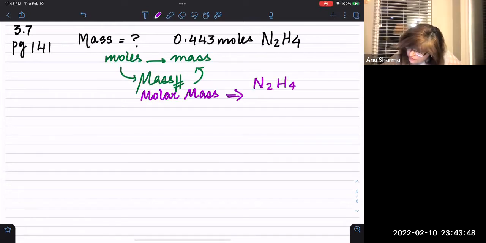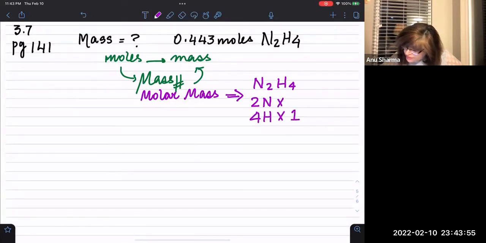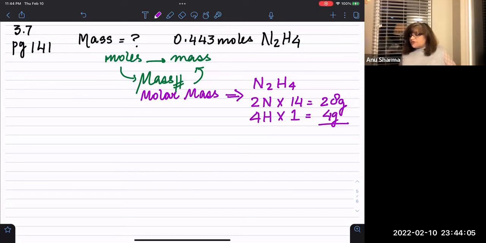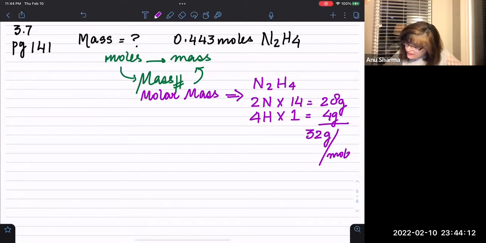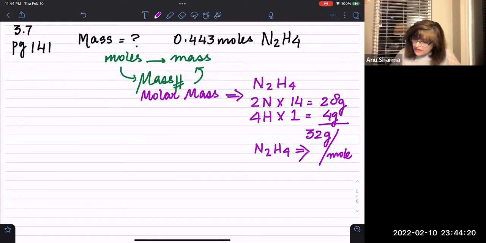N2H4 means 2 atoms of nitrogen and 4 of hydrogen. Hydrogen is 1, nitrogen is 14. So you have 28 grams from nitrogen and 4 grams from hydrogen. When you add the two, this becomes 32 grams per mole of N2H4.